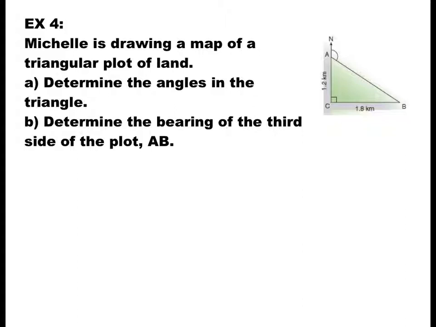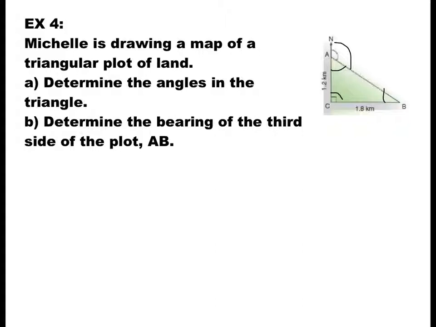Again, there are three interior angles, A, B, C, you have to find them. And determine the bearing of the third side of the plot, AB, meaning that you have to find the angle A on the top. So these are the things you have to find. You have to find this angle, this angle, this angle, and also this angle. So go ahead.